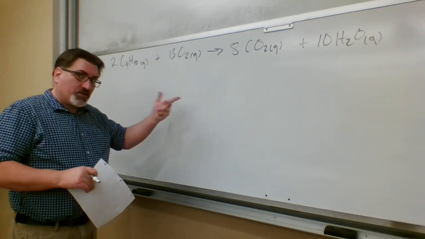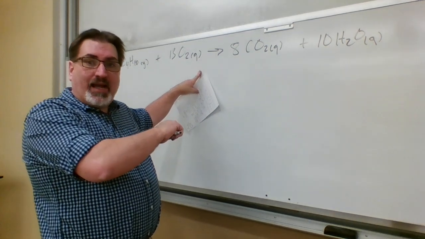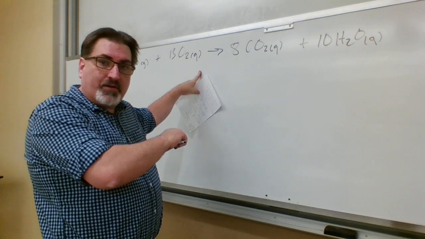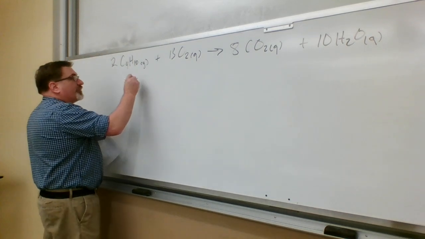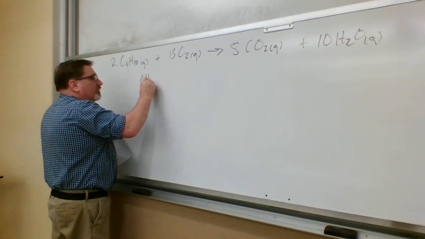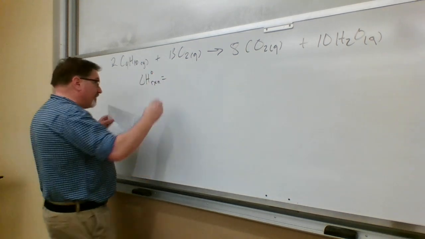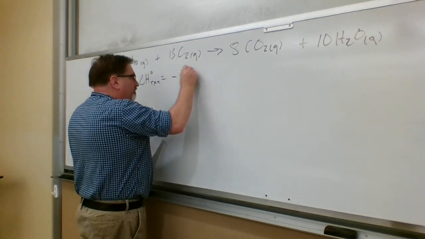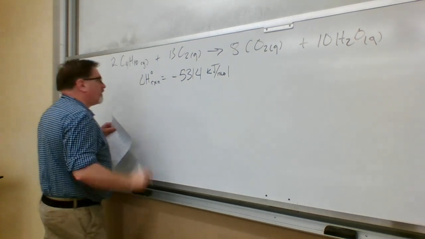We're going to work this one the short way, because this was our example both in our delta H calculation in an earlier video, and our delta S calculation in an earlier video. So for this one, delta H for the reaction, we calculated it to be minus 5314 kilojoules per mole.